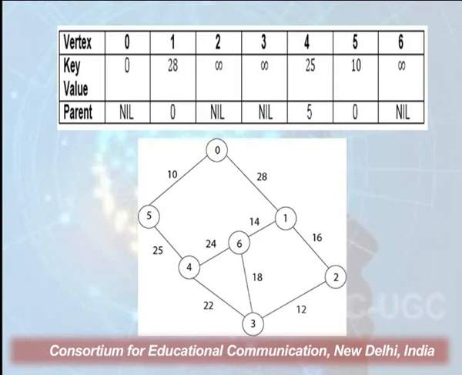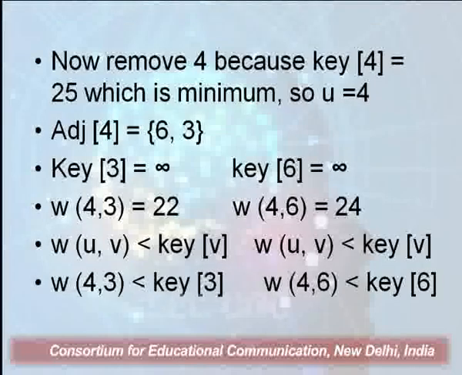For the others, which are 6, 2 and 3, all the key values are infinity. So when we again run extract min, the minimum among 28, 25 and infinity is obviously 25.